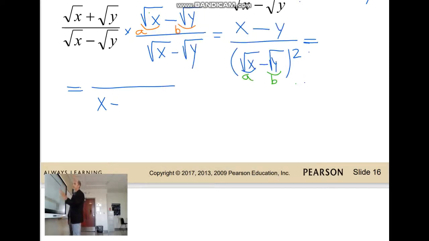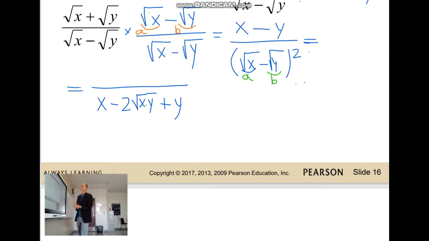Okay, so 2 times a is square root of x, times b, square root of y, and then we can put this together, plus the square of square root of y is y.